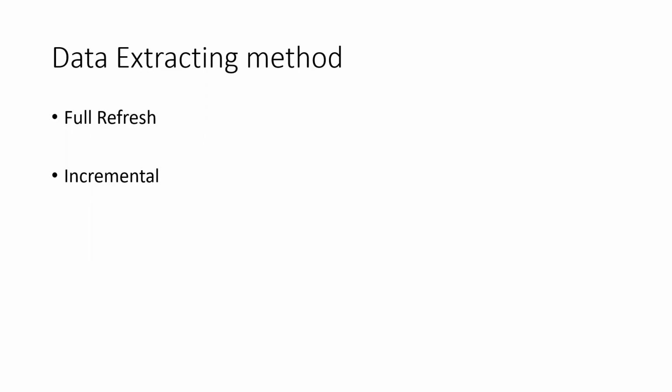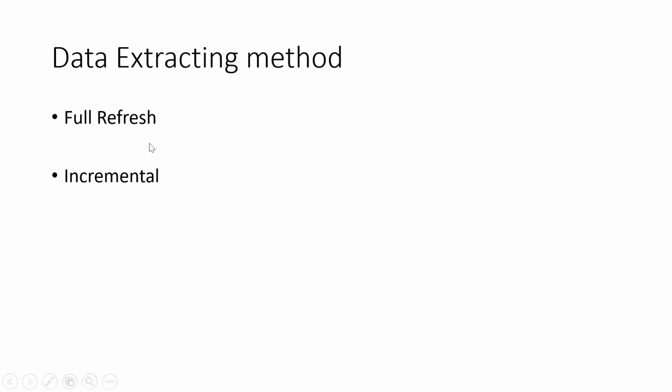It will compare what data we loaded on the last working day against the new records that came into the source system. It will only take those new records and push them to the target. So this is called incremental data load.